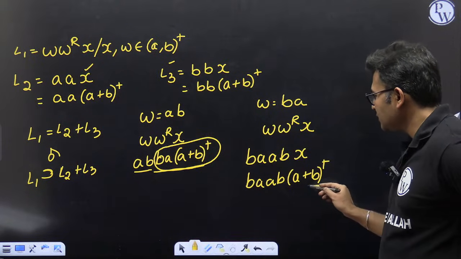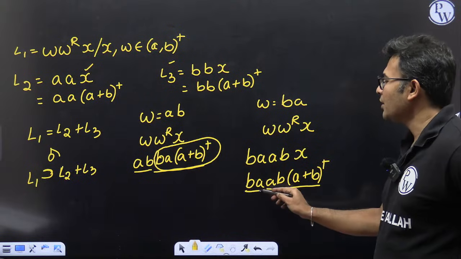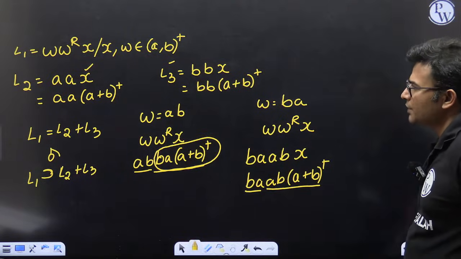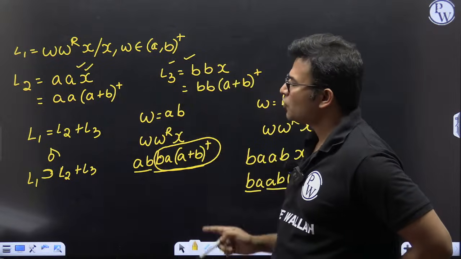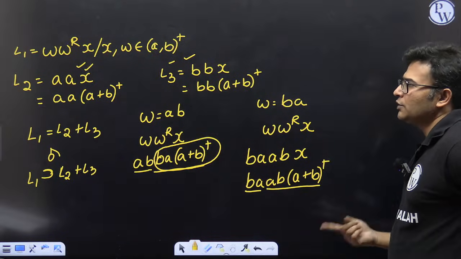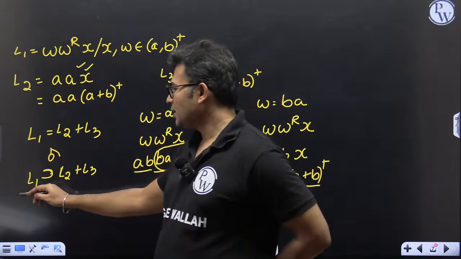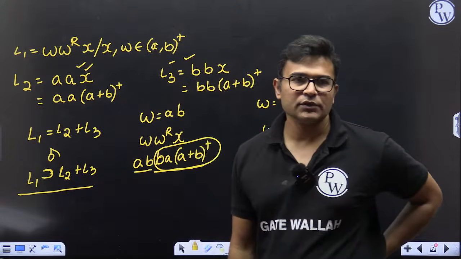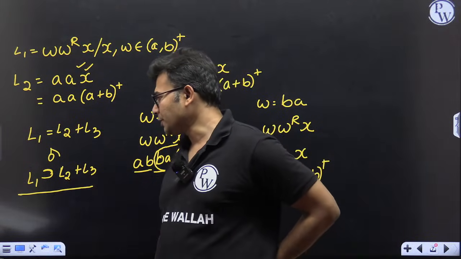Even if (A plus B) plus eats up AB, you still have BA. Now this BA followed by (A plus B) plus does not belong to either L2 or L3. Therefore, there are strings which are not in L2 and L3, which are in L1. So L1 is strictly a superset of L2 and L3.